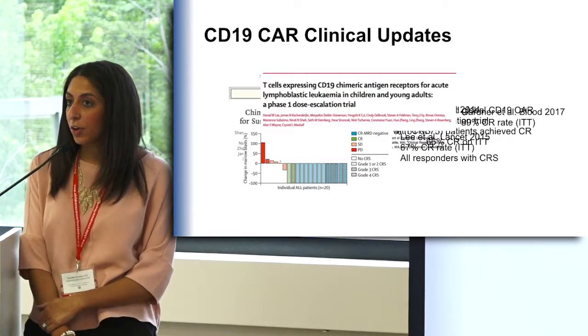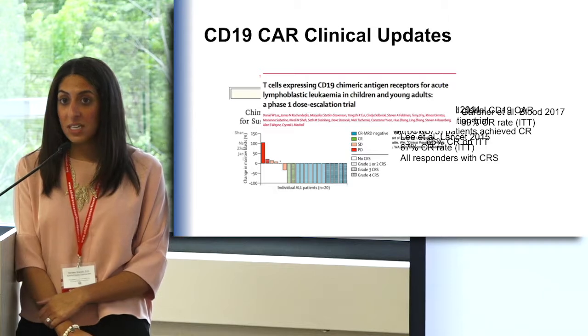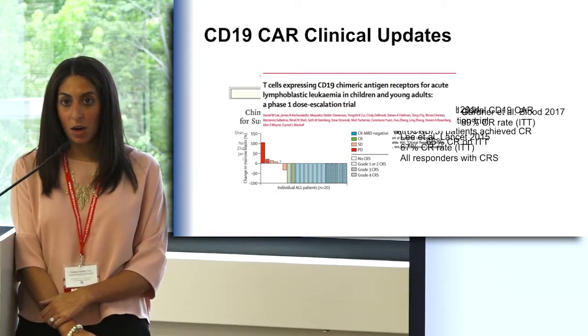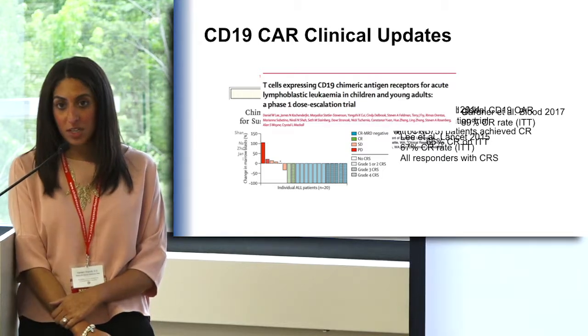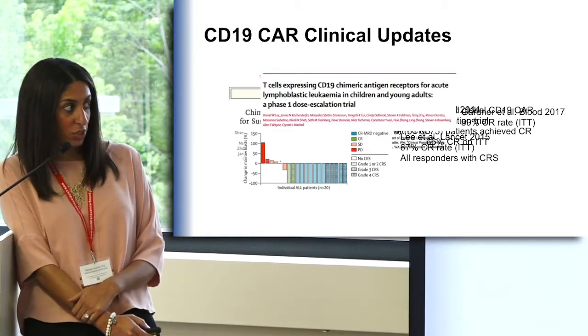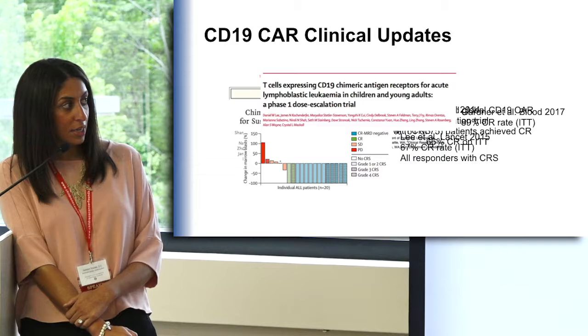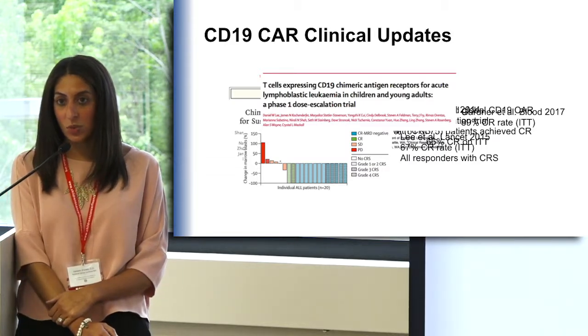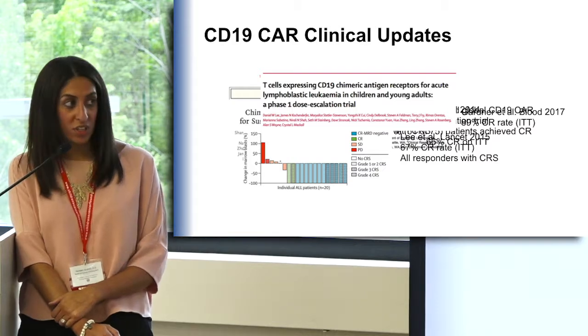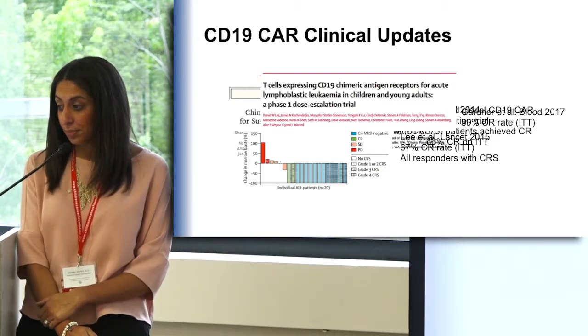Shannon Maude et al. from CHOP had a CD19 41BB CAR construct in her clinic, and they saw a 90% complete remission rate in patients infused with CAR T cells. She also noted that CRS was seen in all patients that had a response.